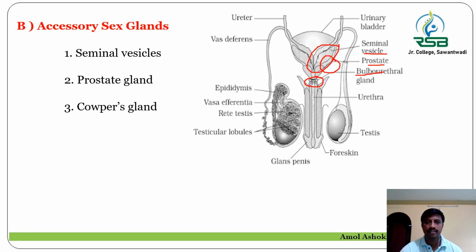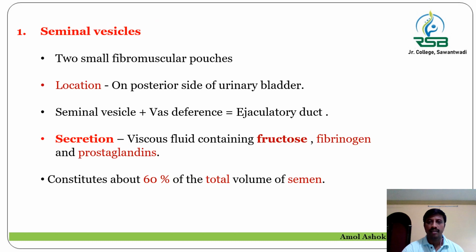Let us start with the first accessory sex gland, the seminal vesicle. It is an important gland among the accessory sex glands. The seminal vesicle is formed by two small fibromuscular pouches.